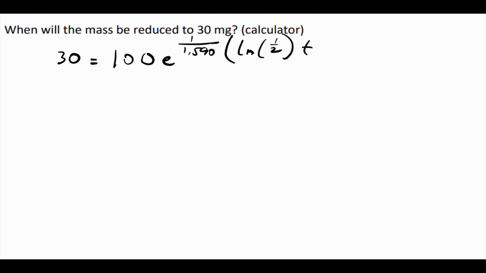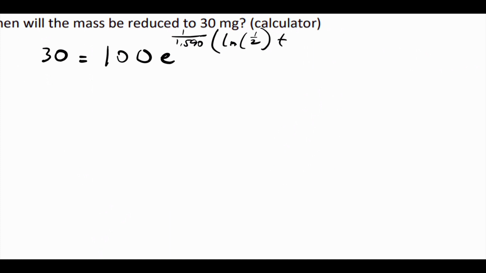Okay. So my question is, how do we do that? What's the first thing we're going to do? Get t by itself, right?